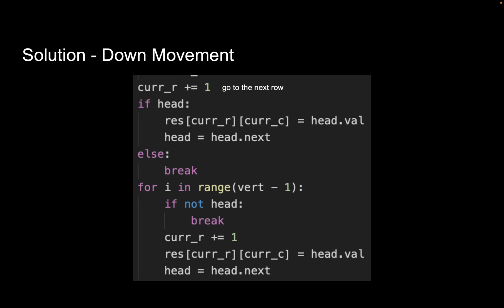So let's see the down movement. This is immediately after the right movement is complete, right? So we have to change current R such that it is current R plus 1, as we are now going to the second row. Let's say if you don't do this, then what happens is that it will overwrite the current value in the row, and we need to move down 1 row to begin the down movement.